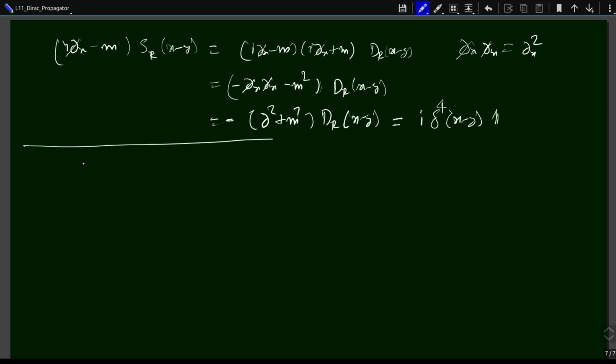So let's start by saying that S_R(x − y) could be represented as a Fourier transform, ∫ d⁴p/(2π)⁴ S̃_R(p) exponential of −i p·(x − y).